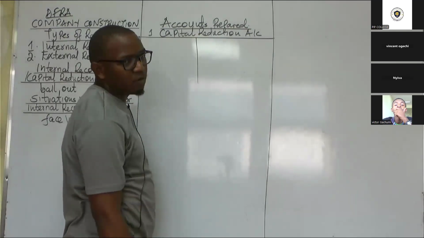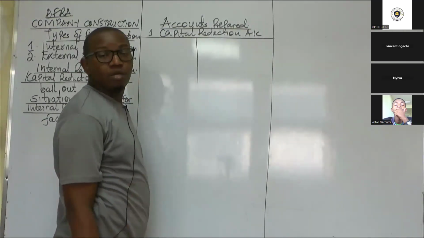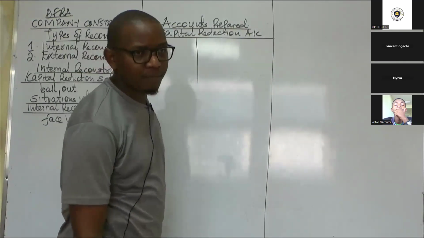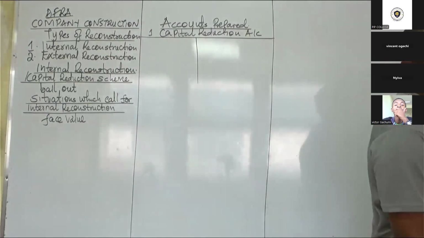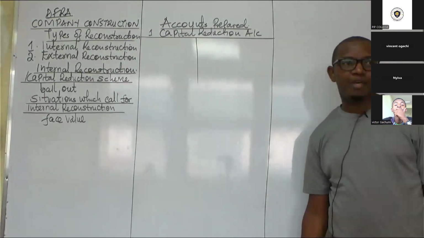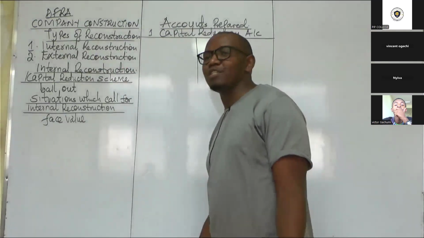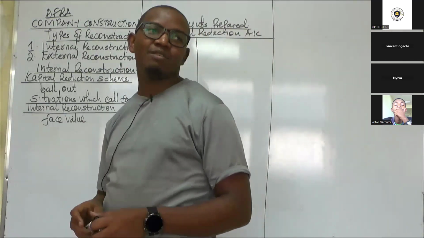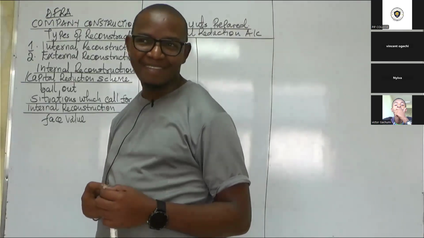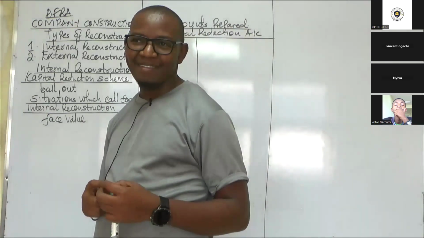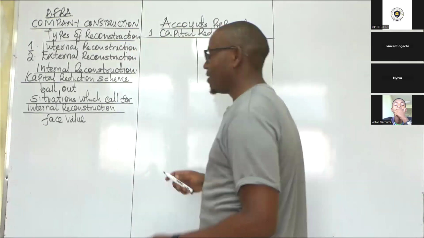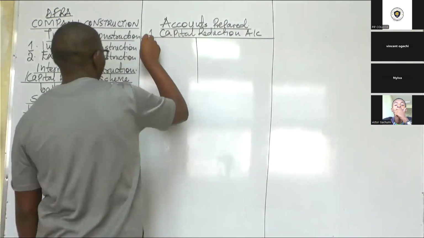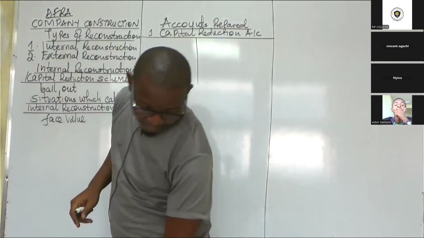Now, accumulated losses, we know those are losses. If you write it off on the accumulated loss account, which is generally the retained earnings, what do you do? Credit the accumulated loss account, then you will debit the capital reduction.